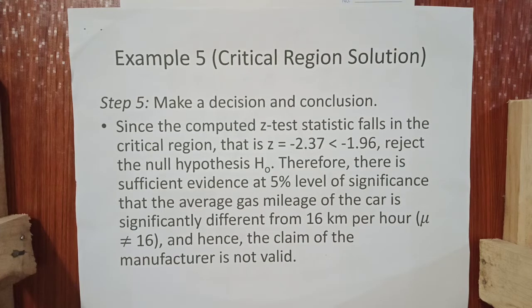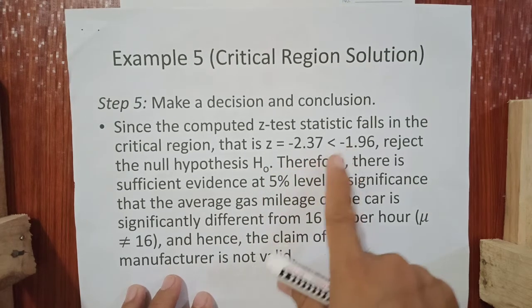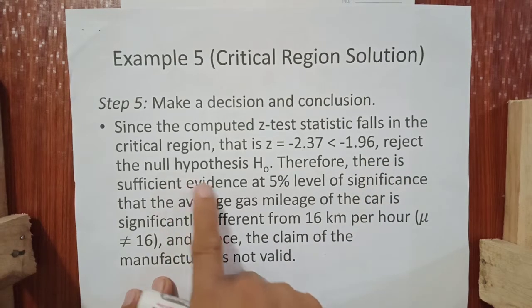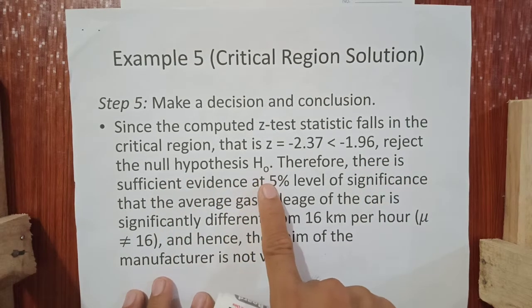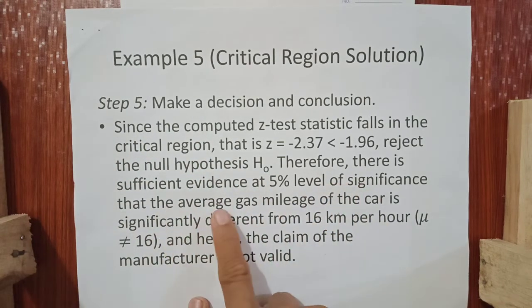Since the computed z-test statistic falls in the critical region, ang tawag doon sa rejection region ay critical region. That is, z is equal to negative 2.37 is less than negative 1.96. Reject the null hypothesis. Ito yung notation. Therefore, kung siyempre na-reject yung null hypothesis, there is a sufficient evidence.